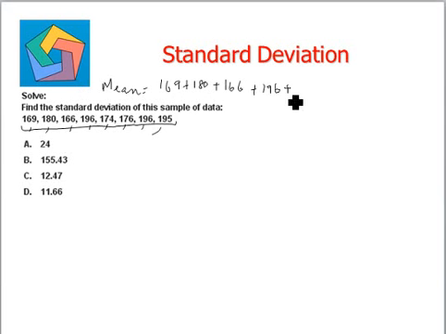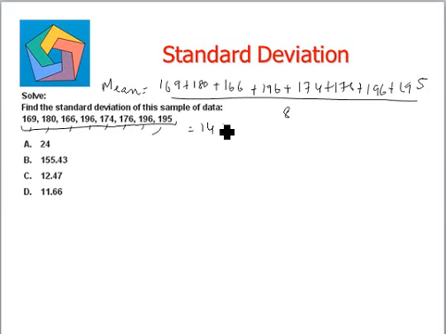So we write them like this and then divide the total by 8. This total comes out to be 1452, divided by 8 equals 181.5. This is our mean.